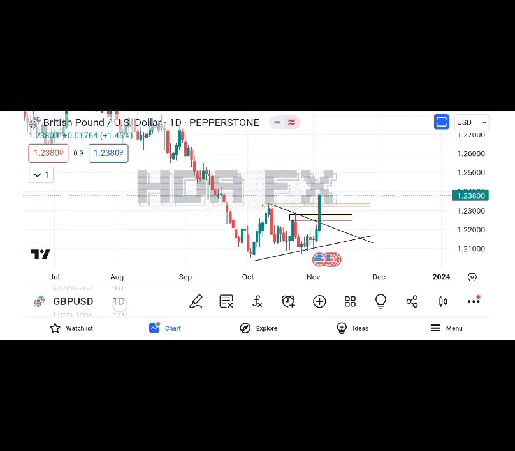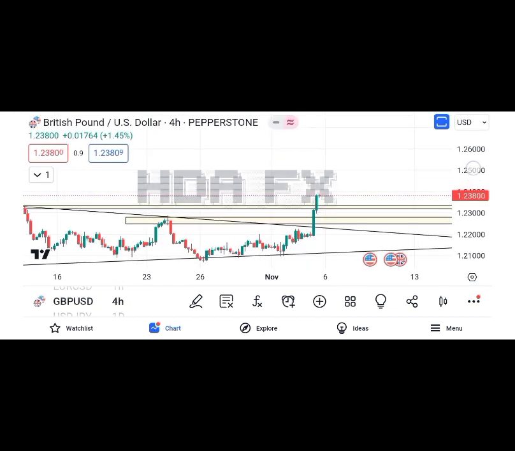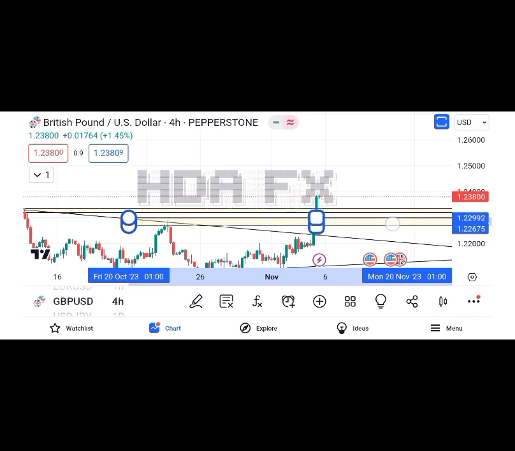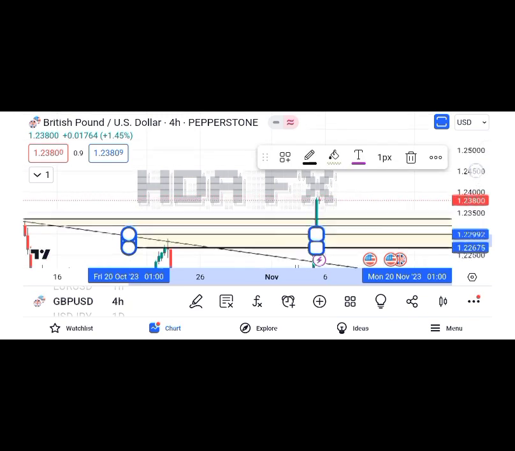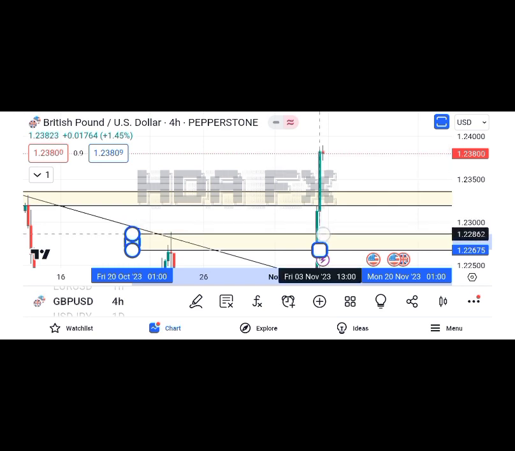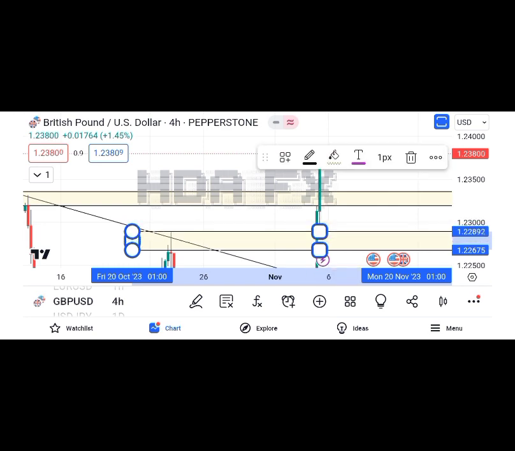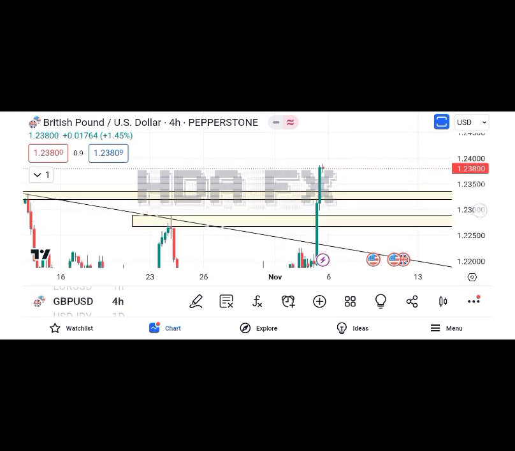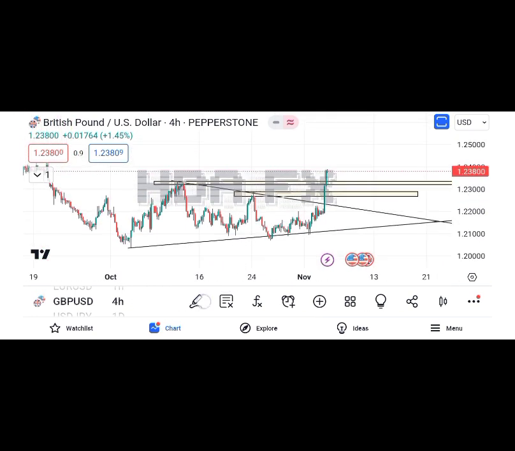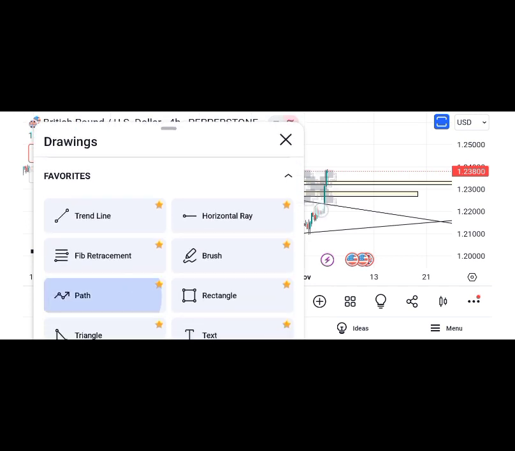So this coming week, I'm bullish on GBPUSD. Let me try and adjust this a little bit. These are my key levels I'm looking for buys.